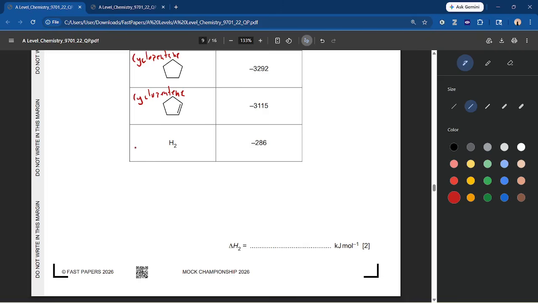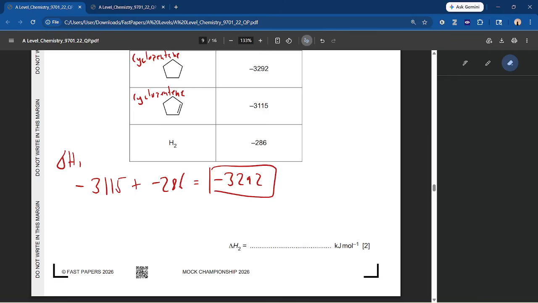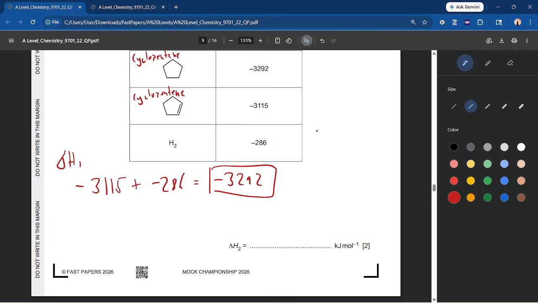So this is going to be minus 3115 plus minus 286. So I'm going to write over here del H1. So this will be minus 3,292. So, sorry, that isn't your del H1. Well, no, we'll just write this down. This is actually going to be your combusting. So this is your reactants.